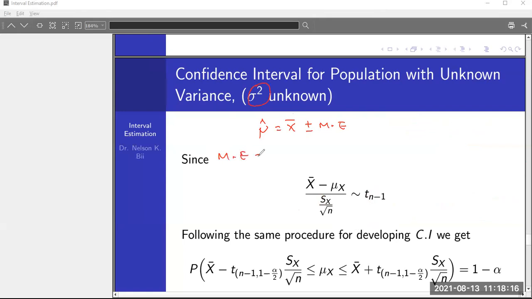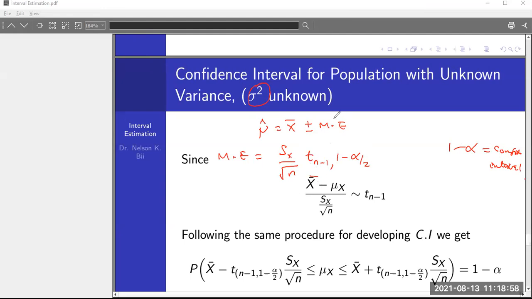In this case, the margin of error is given by Sx, the sample standard deviation of x, divided by the square root of n, where n is the sample size, times the student's T distribution value at n-1 degrees of freedom, at alpha level of significance, or at 1 minus alpha confidence level.